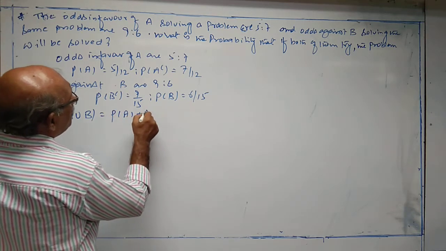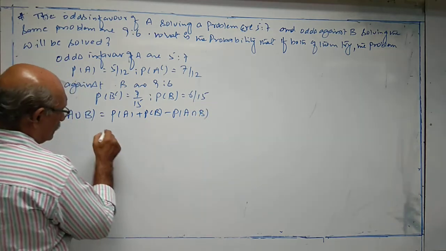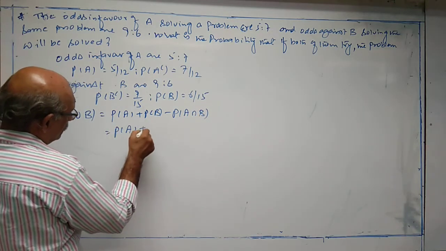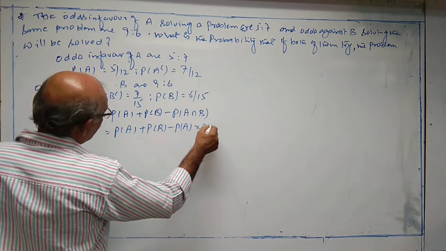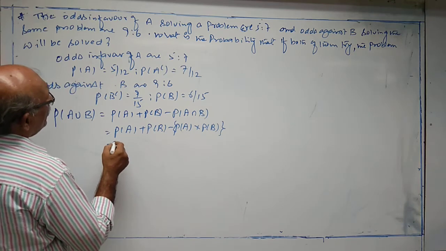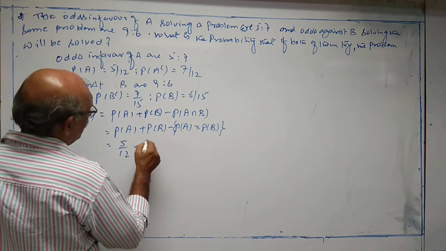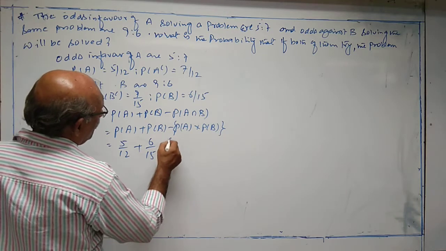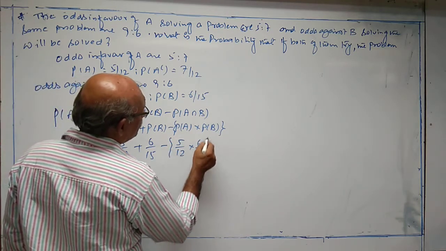So P of A plus P of B minus P of A intersection B. P of A is equal to 5/12. P of B is equal to 6/15 minus 5/12 into 6/15.